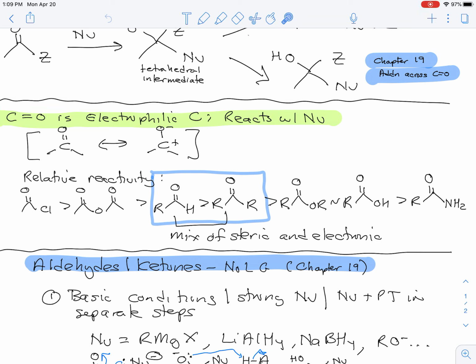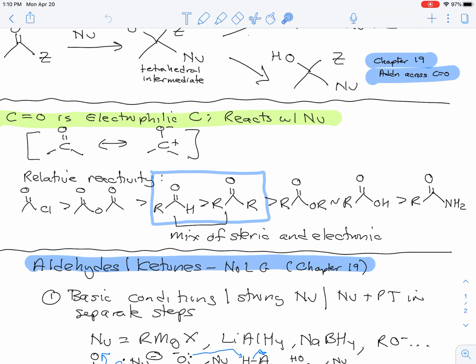As far as, for now, the relative reactivity of aldehydes versus ketones, this is a mix of steric and electronic effects. Hydrogen is smaller than an alkyl group, so sterically it's easier to attack an aldehyde, and it would be even easier to attack the one aldehyde where you have two hydrogens, that would be formaldehyde. There's also an electronic effect.